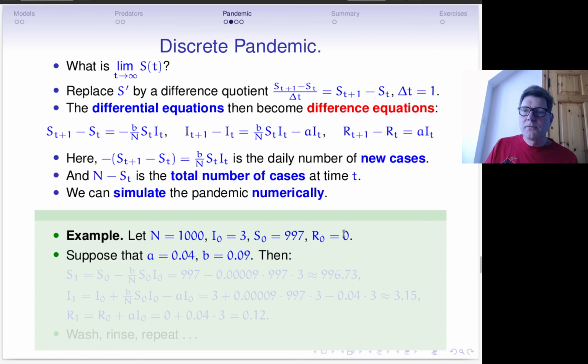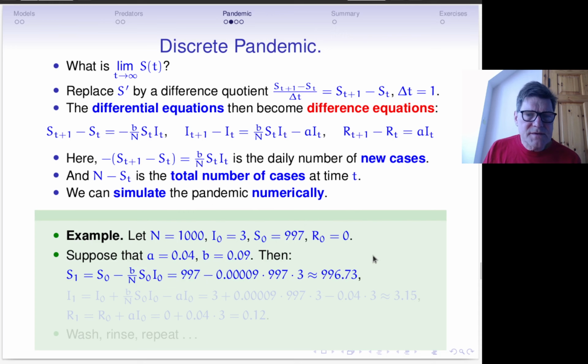And then when the parameters are determined, say A is 0.04 and B is 0.09, then we can use these parameters to compute the values at t equal to 1 from the values at t equal to 0. So S1 becomes S0 minus B over N times S0 I0. That's 997 minus B over N times 997 times 3, and that turns out to be 996.73.